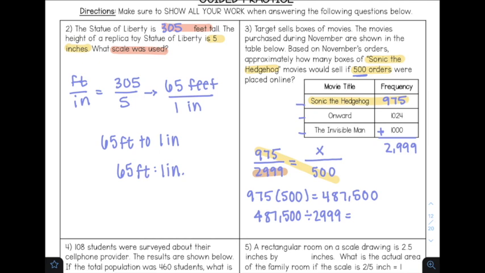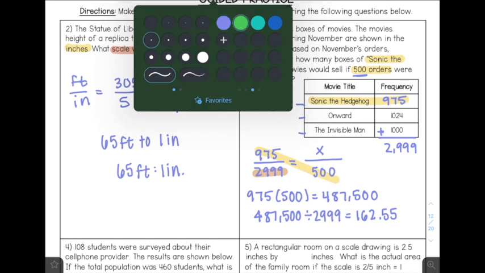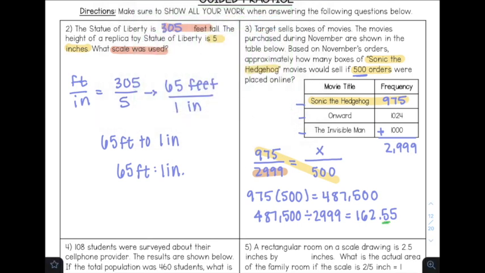Once you get that, the total will be 162.55. And remember, you're using your rounding rules. You're going to take the 5 and round to the nearest number. So 5 and above, give it a shove. That 2 becomes a 3. Because we're talking about whole movie boxes. So 163 orders is going to be Sonic the Hedgehog.